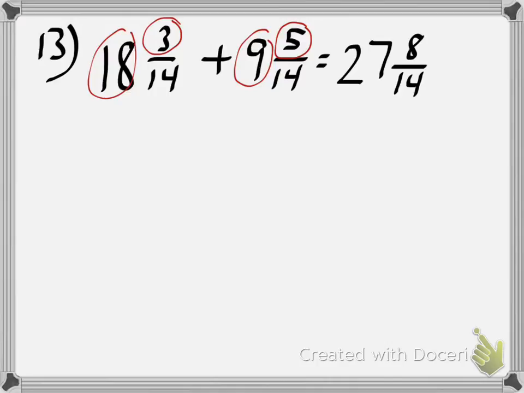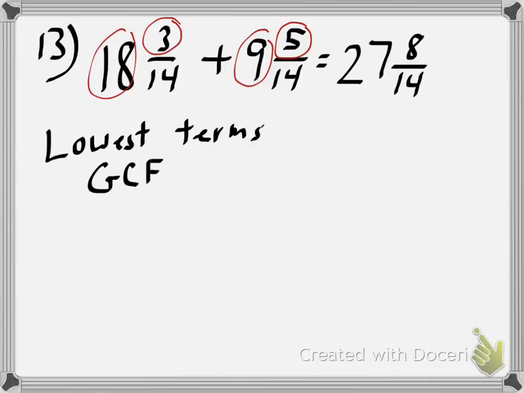Now, we do have a proper fraction here, but it's not in what we call lowest terms. So we need to put it in lowest terms, which means we need to find out the greatest common factor of the two numbers, our numerator 8 and our denominator 14. So if we go through our divisibility rules, we can see that the greatest common factor is 2.